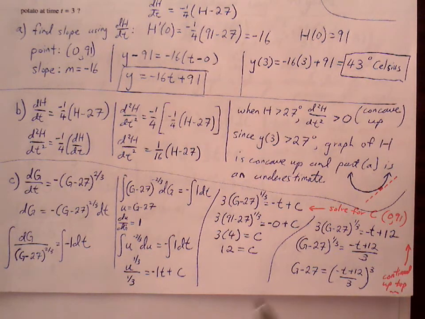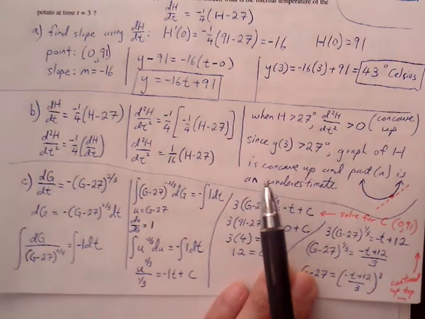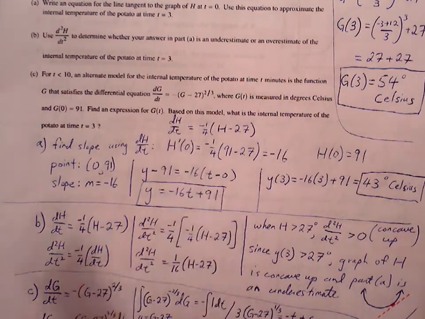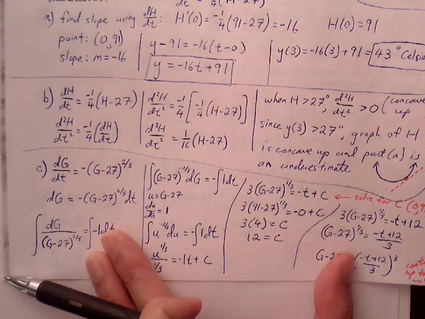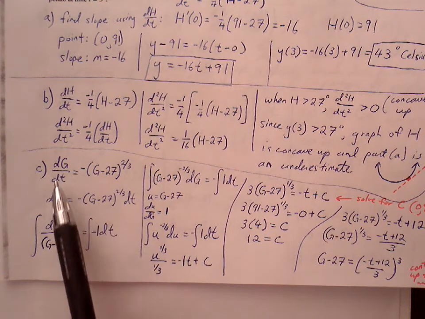For part C, we're going to be solving our differential equation. We're asked to solve for g of t given this derivative equation. So we have dg/dt, and I'm going to go ahead and just cross multiply.